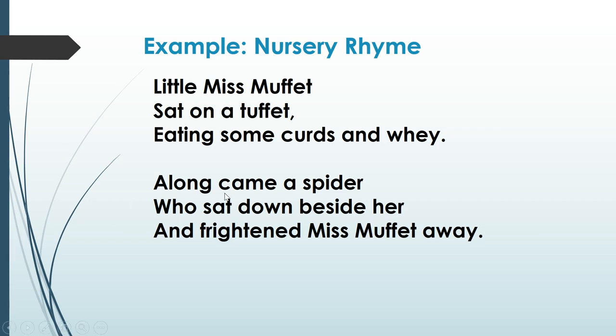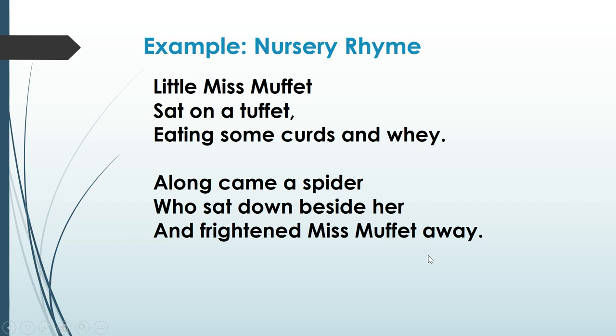Along came a spider. Now you see there is the twist. This is again an important point. The twist is that a spider comes who sat down beside her. Where it sat is not important. The importance is the arrival of the spider, and then the reaction of Miss Muffet, and the reaction is frightened Miss Muffet away.